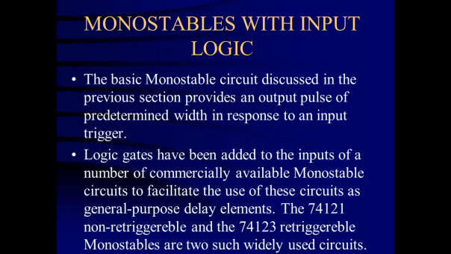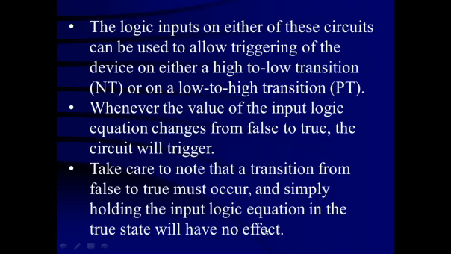That means it will not time out depending upon the value of R and C, but it remains retriggered until the last trigger pulse is available. That is called a retriggerable monostable, and that is the IC 74123.